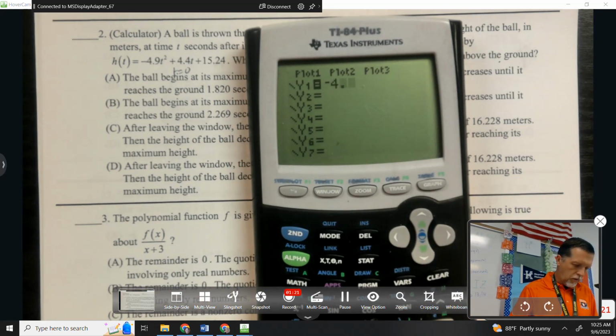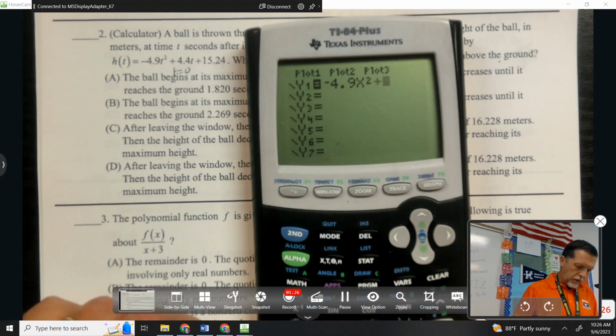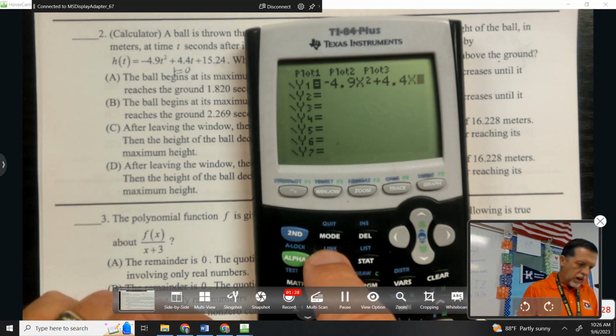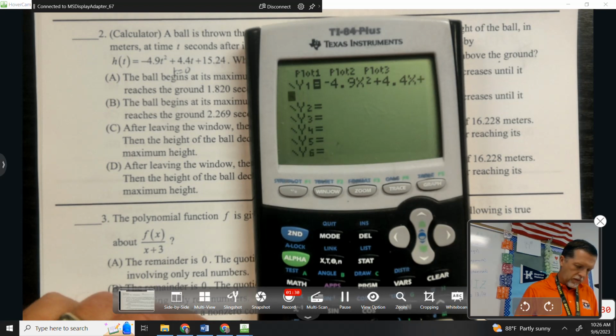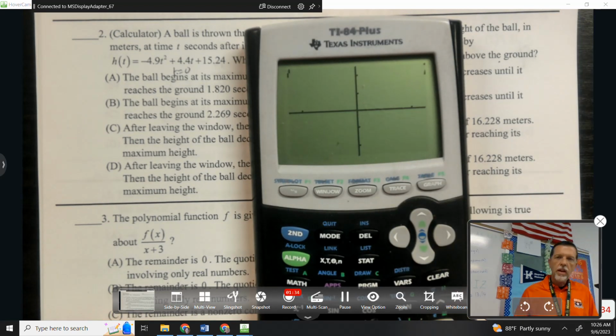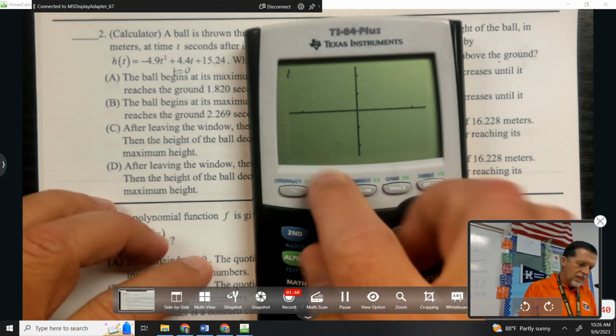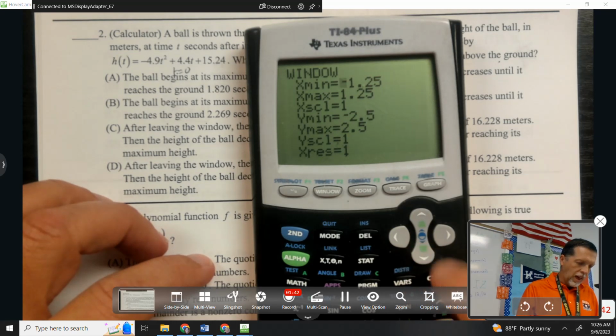So negative 4.9 x squared plus 4.4 x plus 15.24. And my window is not very good because all I see is some little piece over here on the left. Let's go, I don't know, 10 seconds maybe.